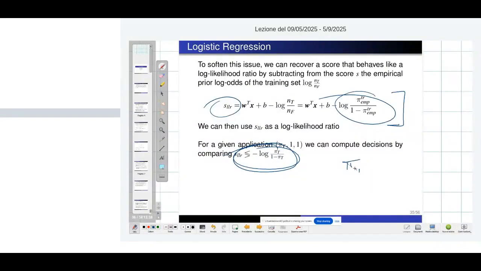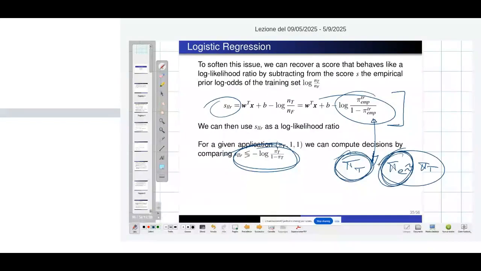Often I don't know the application prior T, but I can estimate a reasonable value that is close to my application prior. So I can't train directly for this application, but I may know that the application prior is very different from the training set prior, and I can get a reasonable estimate of what the value will be.